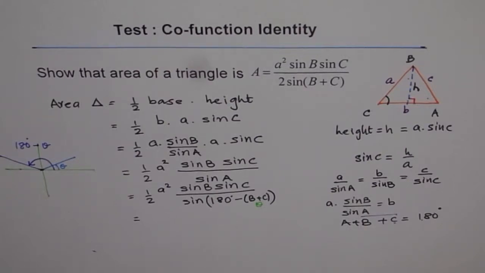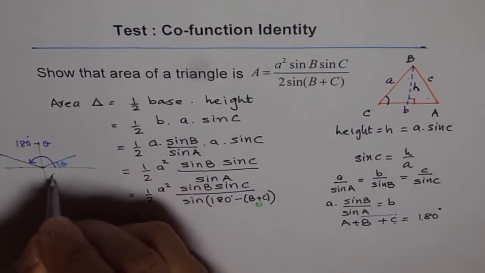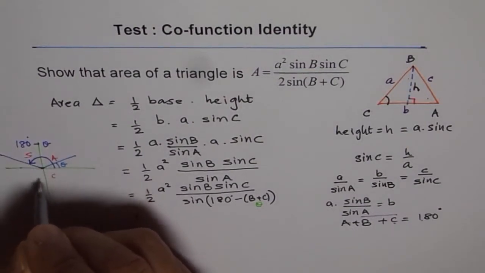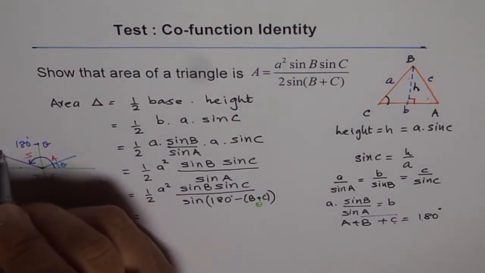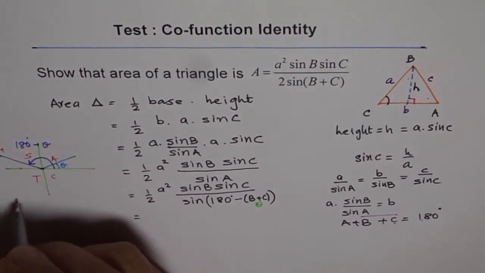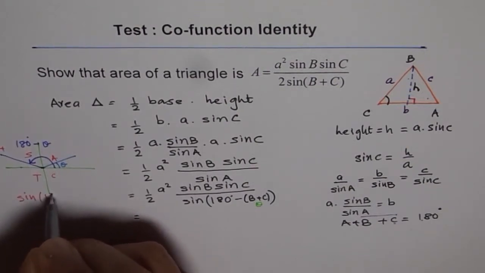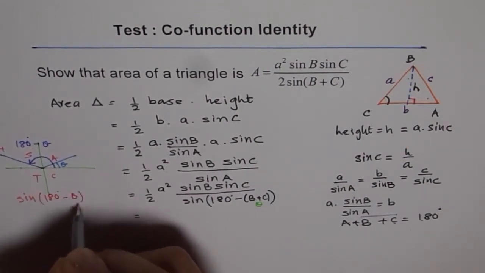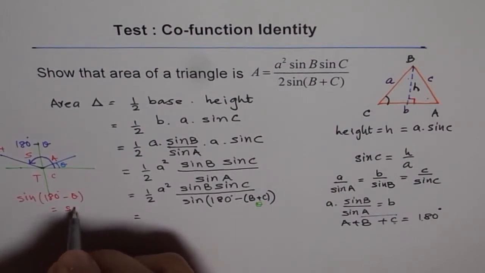Now, as you know, sine is positive here. You know the CAST rule, right? So sine is positive here, and you know sine of 180 minus theta is actually equal to sine theta, right?